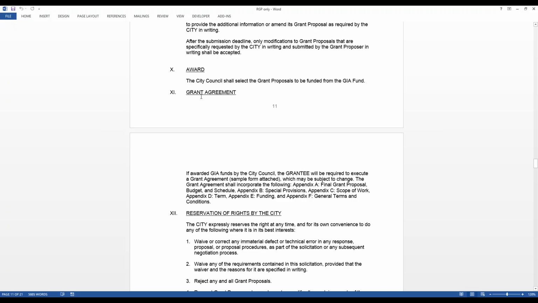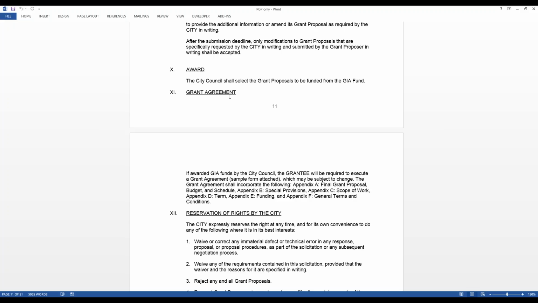Section 11, grant agreement. We included a copy of the grant agreement so you know, especially if you get your grant awarded, what kind of strings are attached to the funds you are awarded. So again, it's very important to know what you're signing up for.